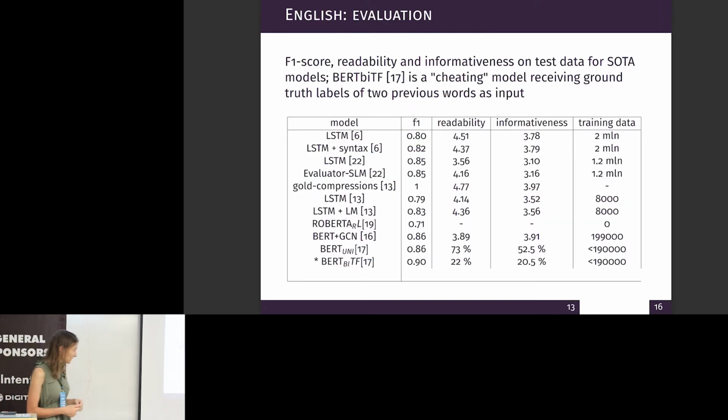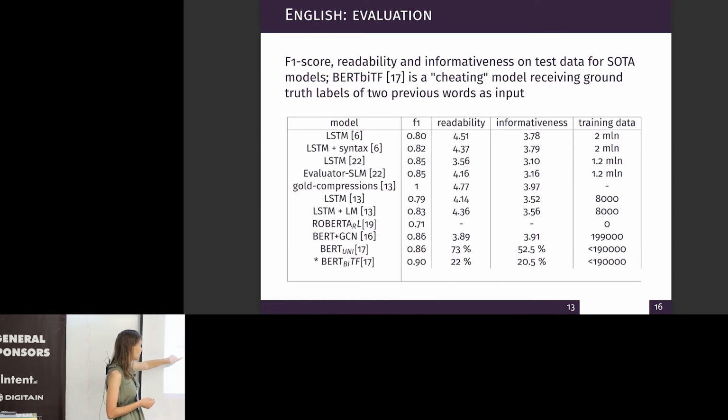So this is a table with many approaches. I spoke only of several of them, so I will guide you through it. Firstly, here you see just LSTM as a baseline in any study, so we have several of them coming from different studies. Then the approach I talked about first, which is my study, to add a language modeling objective to the loss function.